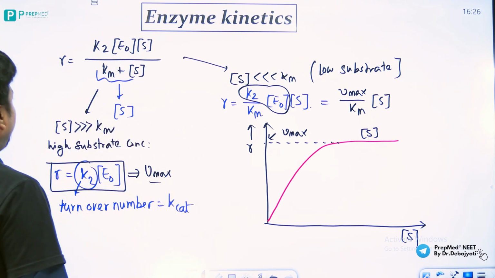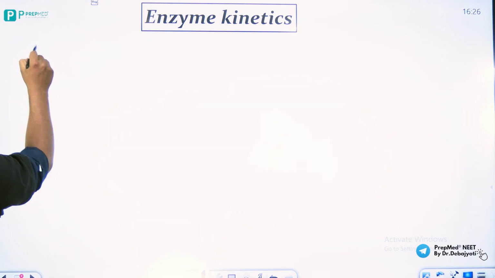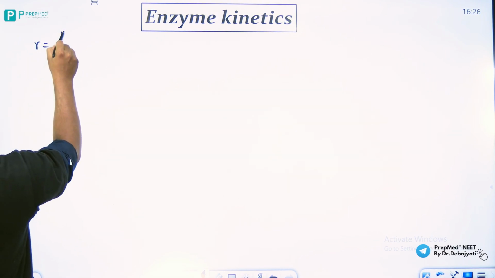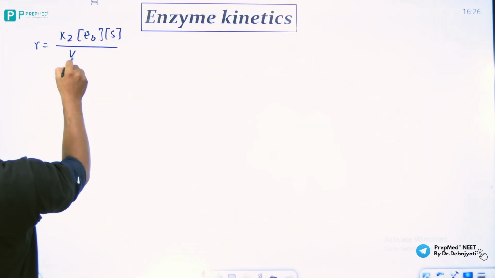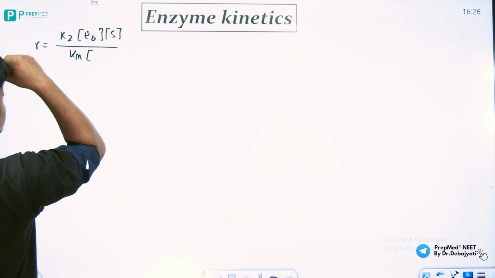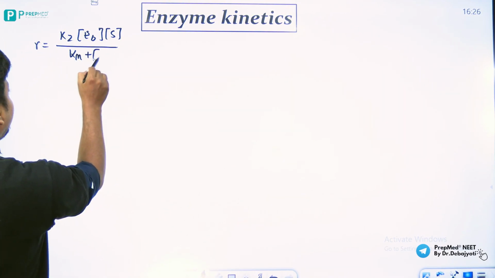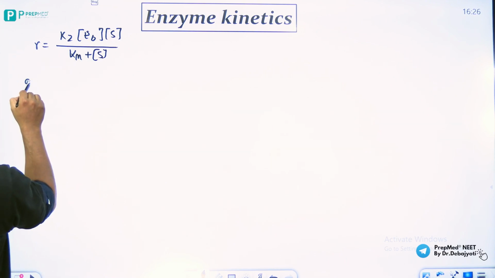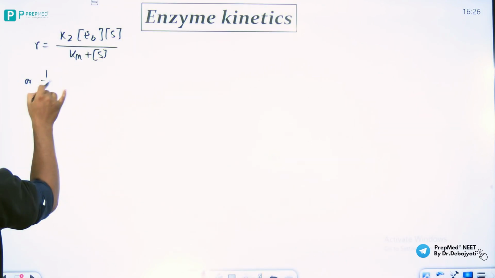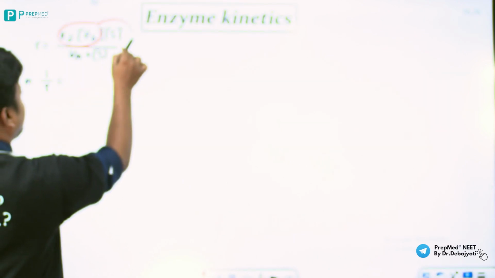So what we got from here is R is equal to K2 into E0 into S divided by Km plus S. Let's put K2 into E0 as V max.